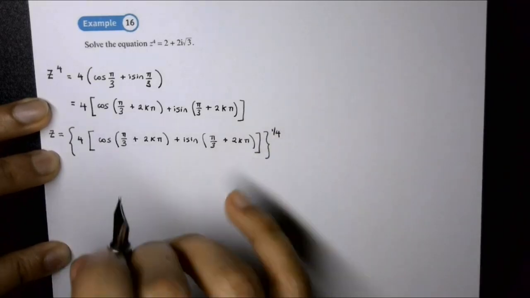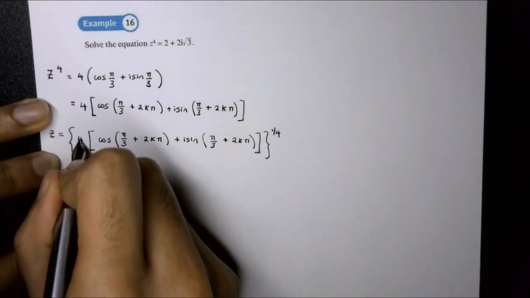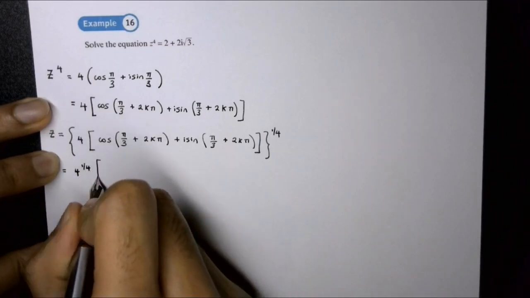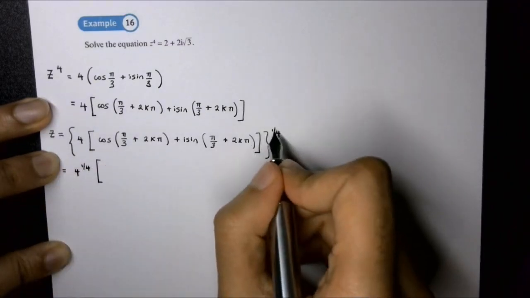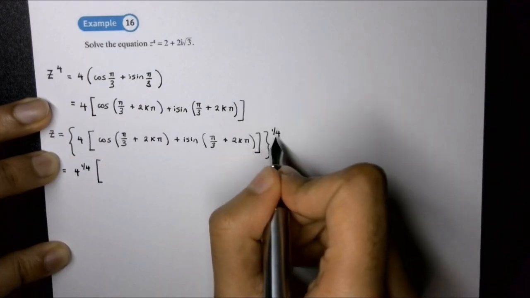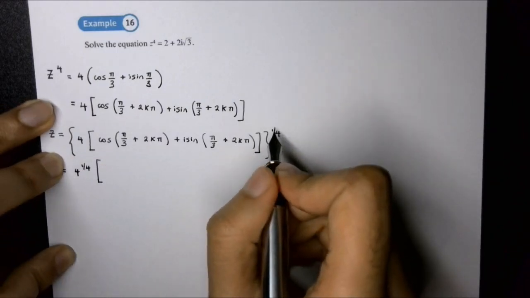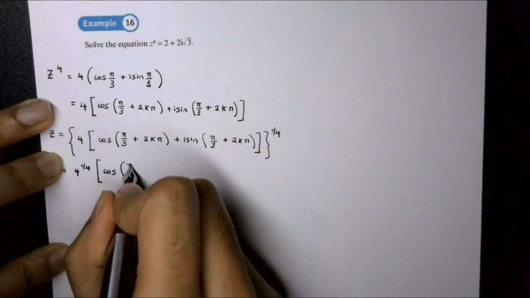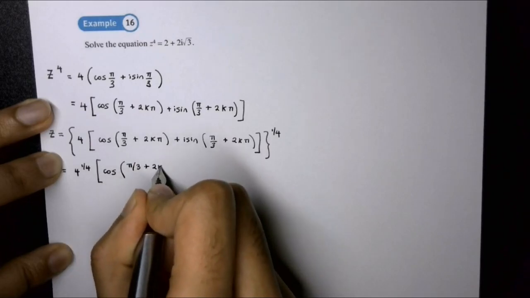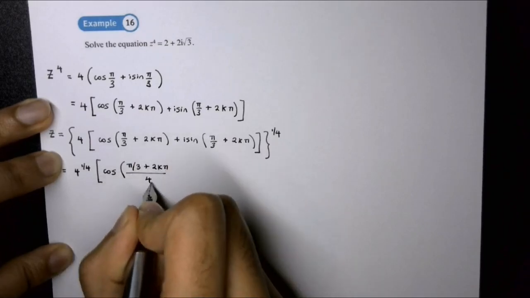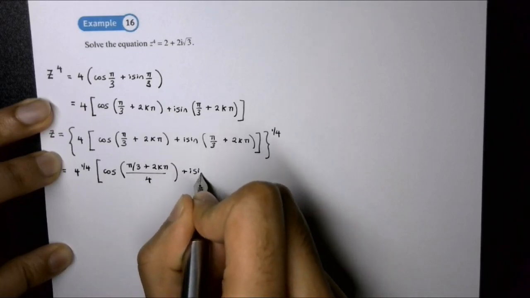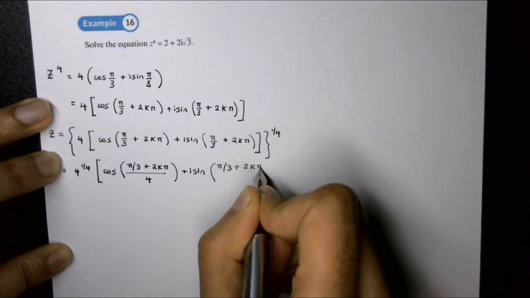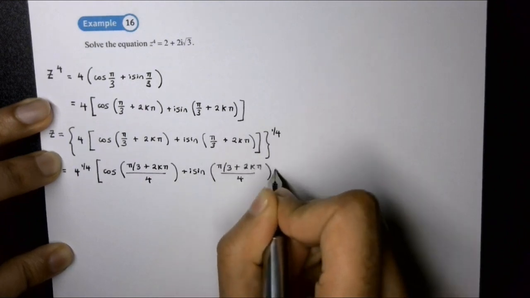So we can now use De Moivre's theorem. We've got 4 to the power of 1/4, and inside this bracket we can multiply the argument over here by a quarter, which is the same of course as dividing by 4. So here we've got the cosine of pi over 3 plus 2k pi over 4 plus i times by the sine of pi over 3 plus 2k pi over 4.